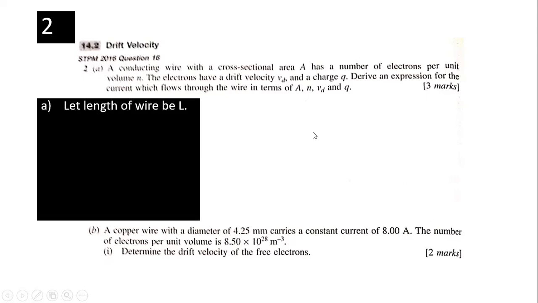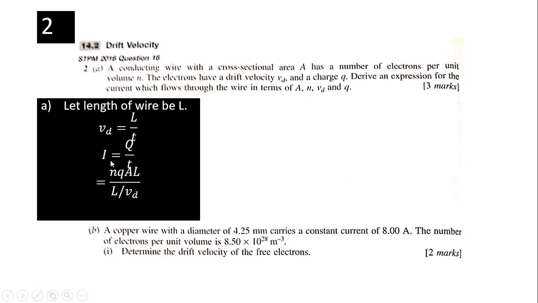Okay, let the length of the wire be L. So the drift velocity is L divided by t. Then the definition for current: I equals Q over t, where Q is the total charge. Number per unit volume times your volume is your number.